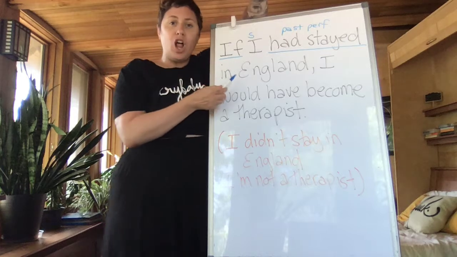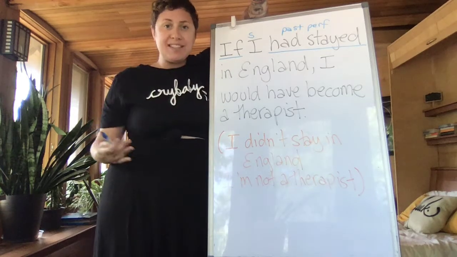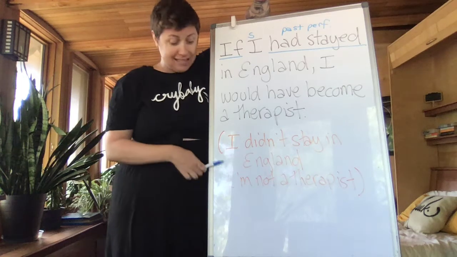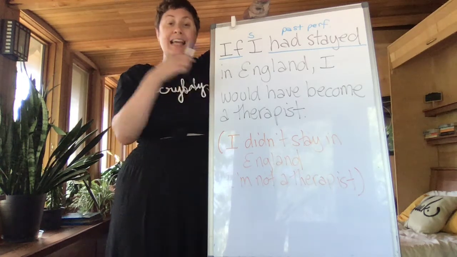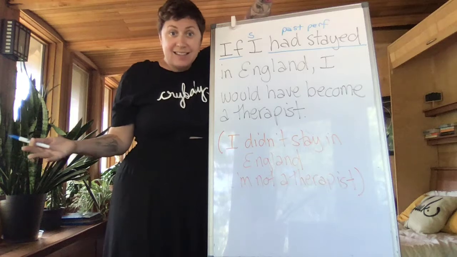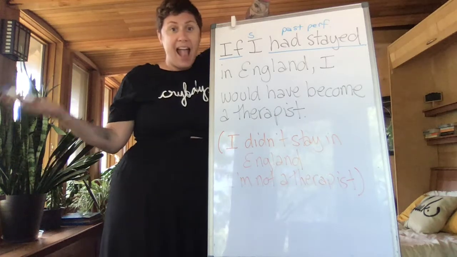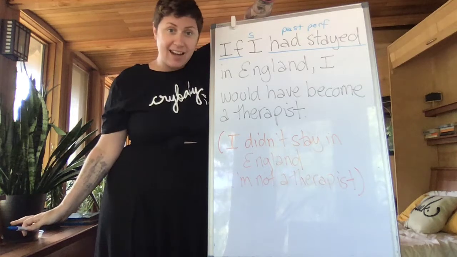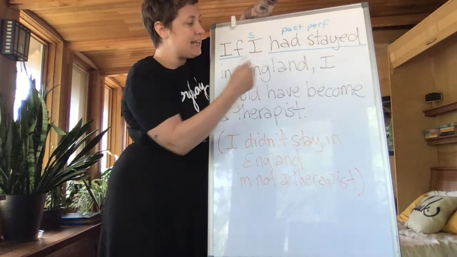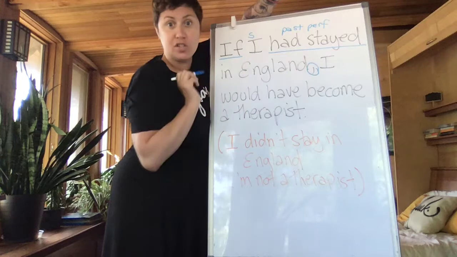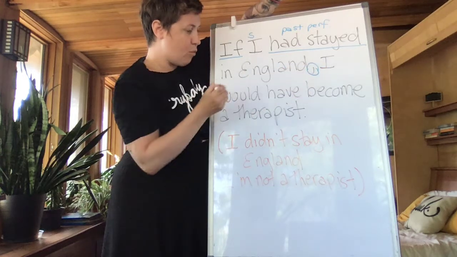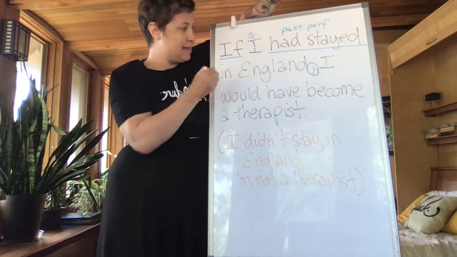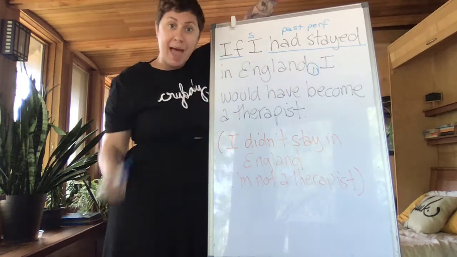And the dependent clause is always the opposite of what really actually happened in your life. So I didn't stay in England. But if I had stayed in England, if I had made a different choice, if I had not moved to Canada, so if I had stayed in England, you'll notice a comma, I would have become a therapist. So this, starting here, is our dependent clause.